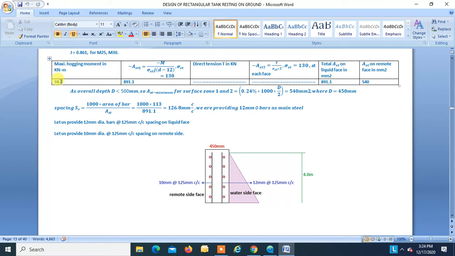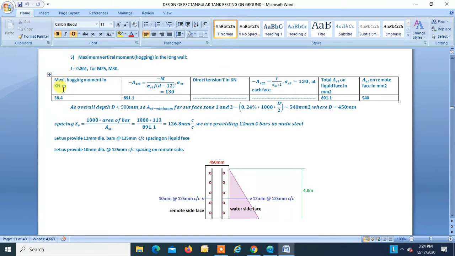So this is the hogging moment, because it is creating tension on the water side, it carries a negative sign, so it's a hogging moment. From the table we get maximum hogging moment is 38.4. So for that moment AST1 is found to be 891.